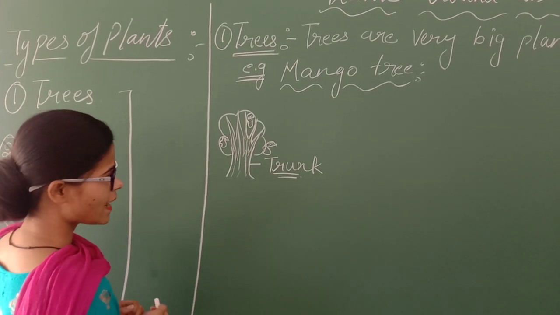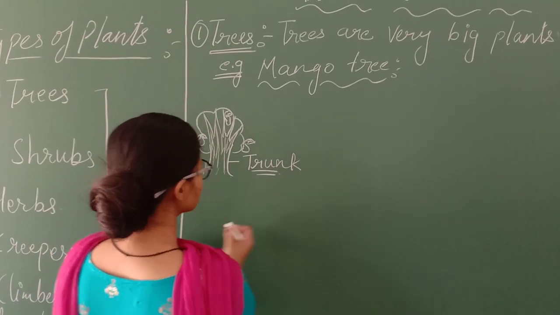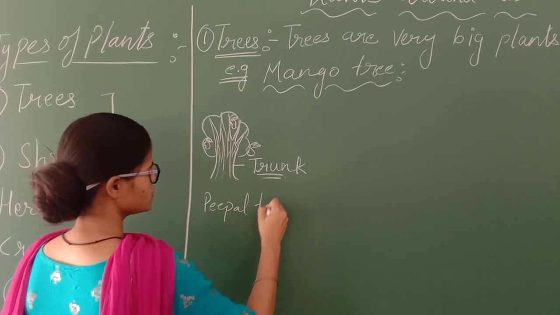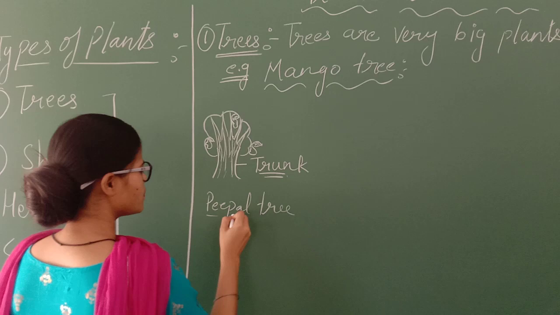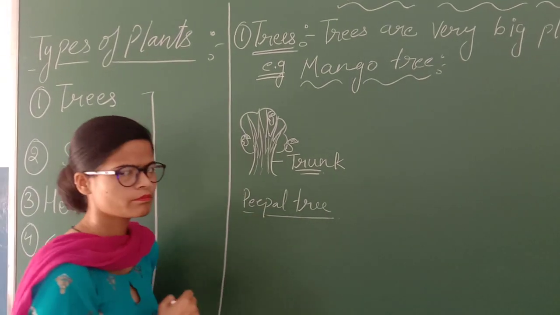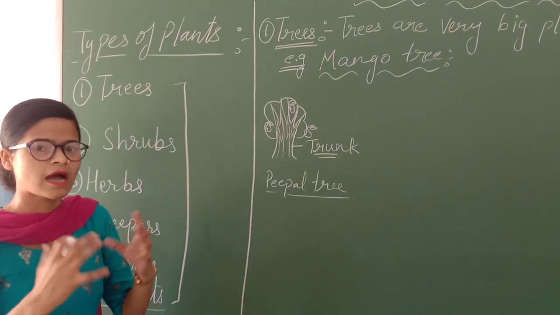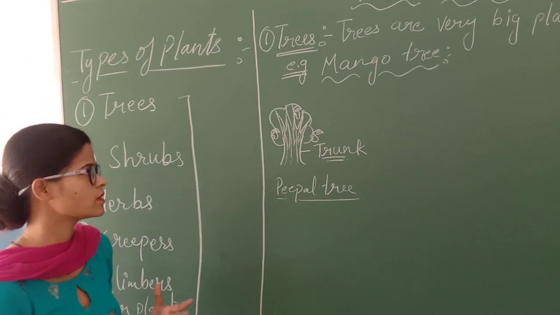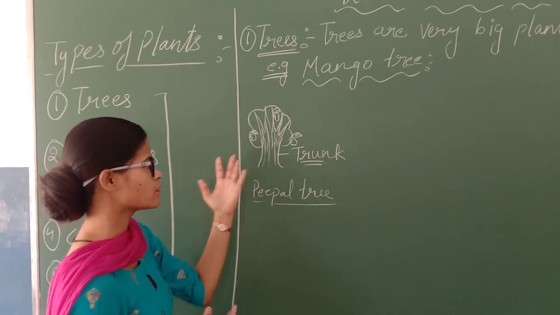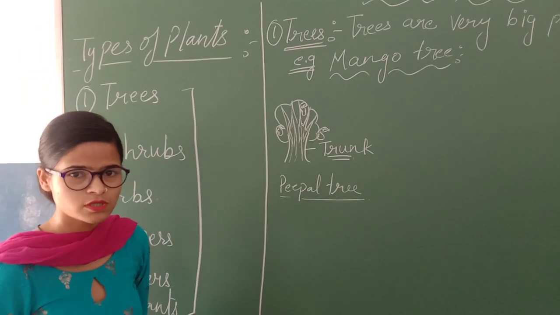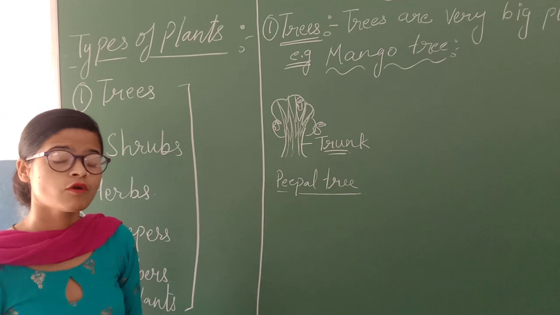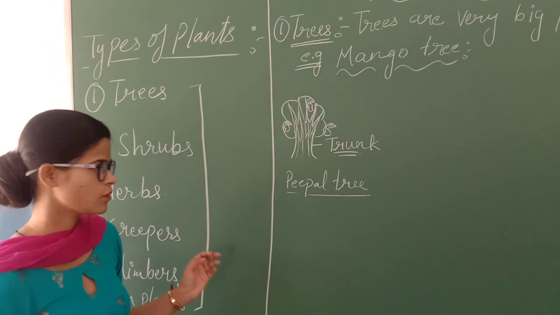The second tree I will draw is the peepal tree. The peepal tree is also the same as the mango tree, but the leaves are different, and its function is different. The mango tree provides us fruits like mango to eat, and the peepal tree gives us more and more oxygen.